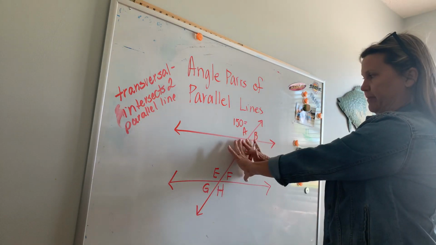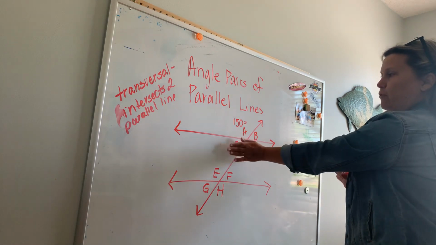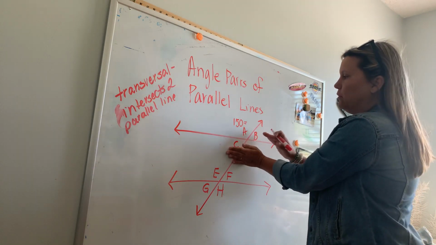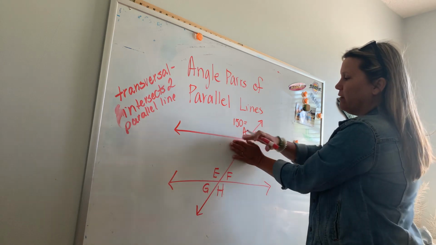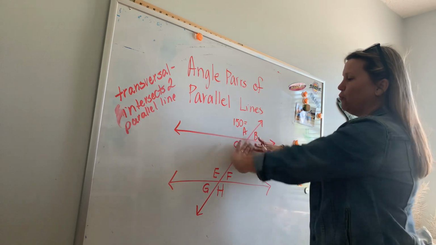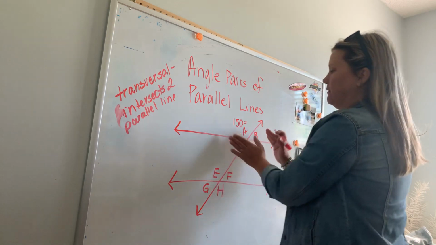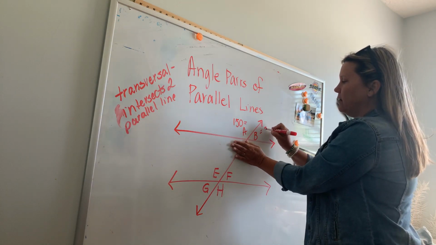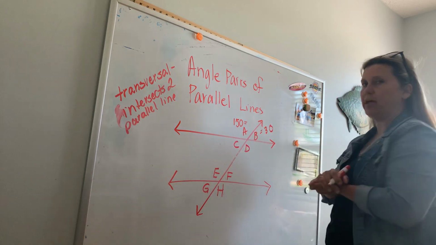Pretend that this bottom stuff isn't here. A straight line is 180 degrees. So if angle A is 150, then that means angle B must be 30.